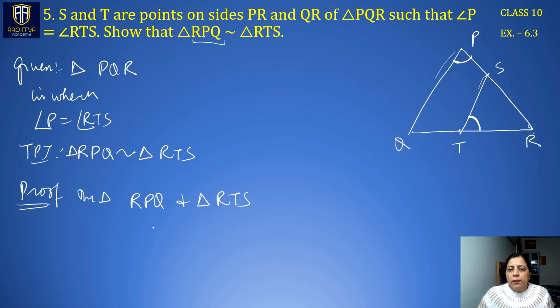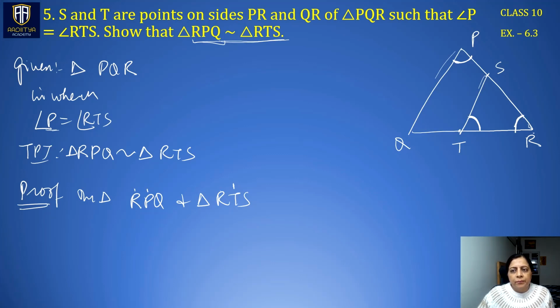I'm giving you one more hint. If it is given that you have to prove that these two triangles are similar, even if you're not able to locate any parts which are equal, see, we are given that angle P is equal to angle RTS. So you can check, P is equivalent to T here, right?